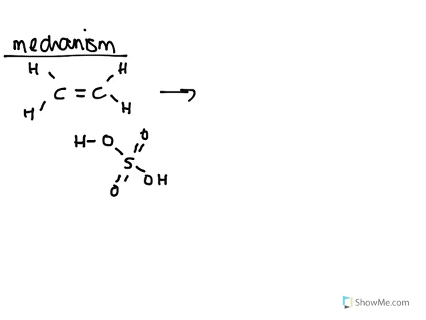Okay, so here's our sulfuric acid. This hydrogen's very electropositive, it's very acidic, this part being delta minus. So here we have the electrons in the pi bond making a bond with the hydrogen, and of course this one breaking to give us our carbocation intermediate.